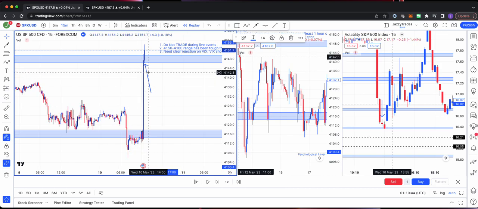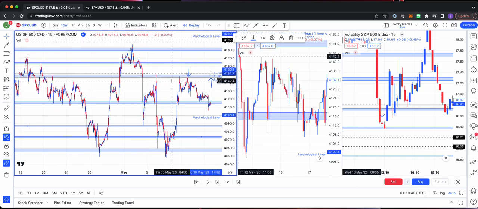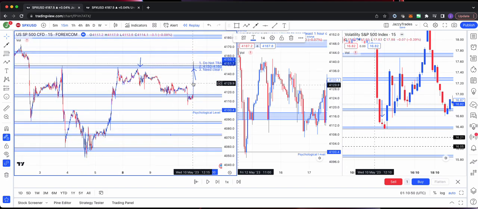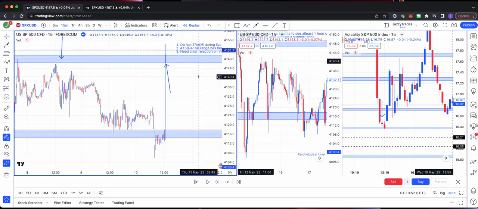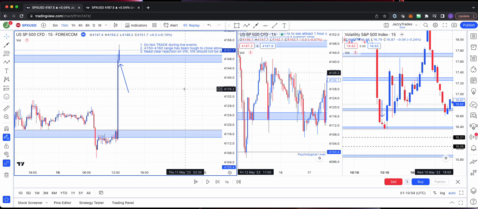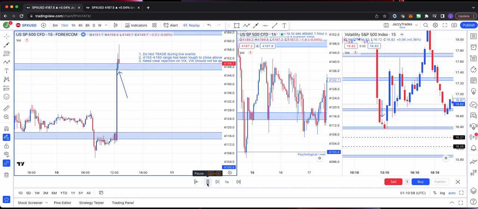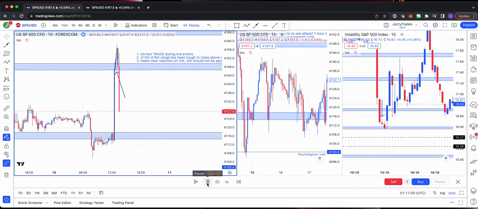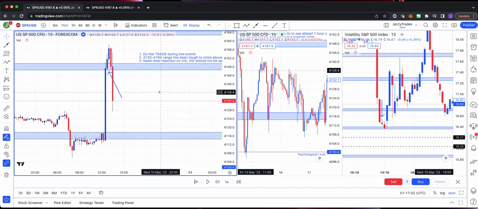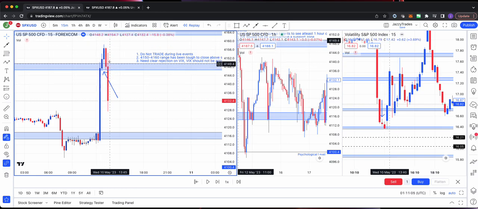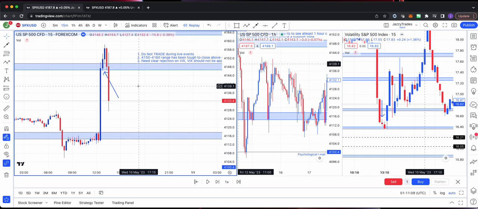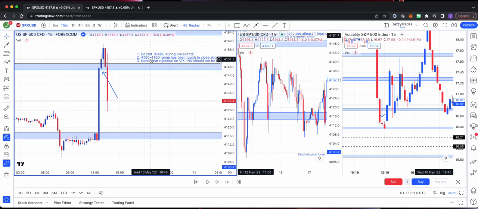And point number 2, if you look left, you'll see that 4150 is really, really hard to trade when the price comes here because it's not able to close above it, right? So my point is, guys, don't trade the events. That's what happened because of the event. I don't exactly remember what happened there, but that's what happens on events.